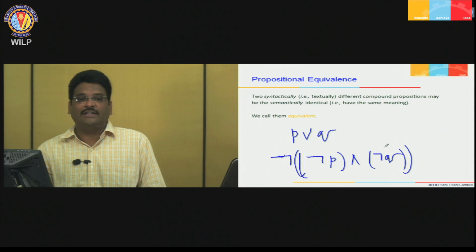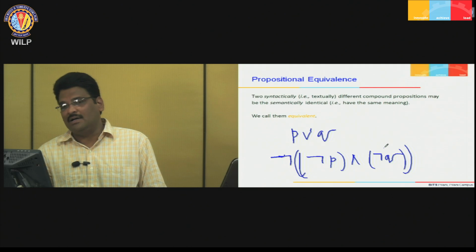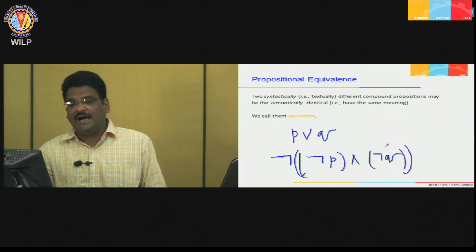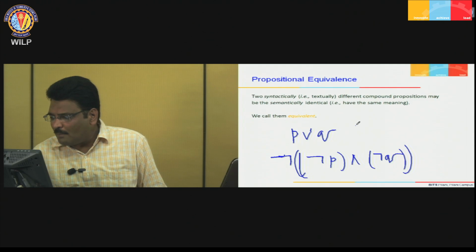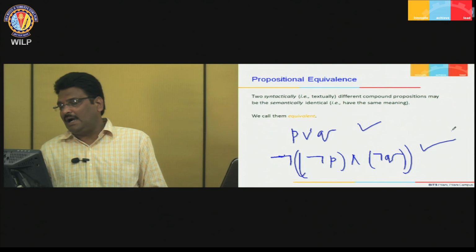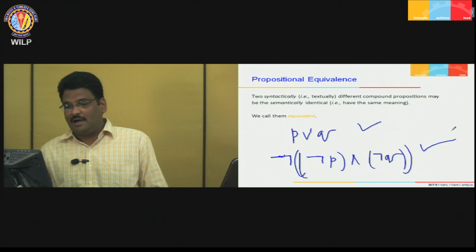Like in English, when we say Rama killed Ravana, and then another statement we say Ravana was killed by Rama, both are syntactically different, but they are semantically the same. Here, though we have got two compound propositions like P or Q and not of, not P and not Q, though they are syntactically different, are they really semantically different, or are they the same?